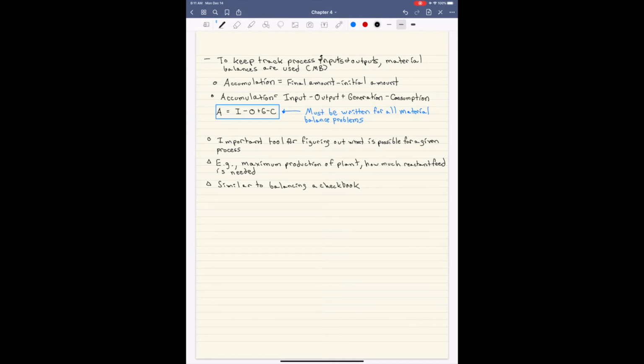And so with a checkbook, you care about how much you're putting in, how much you're spending, and how much interest you're generating. So basically the same things that you deal with when you're dealing with material balances. All right? And so that's just, in general, what a material balance is. But of course, there are various types of material balances as well, just like we have various types of different processes.